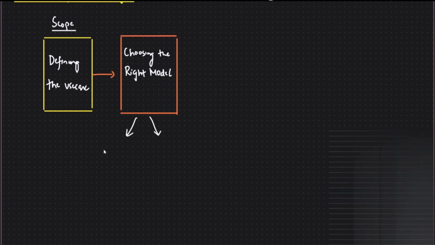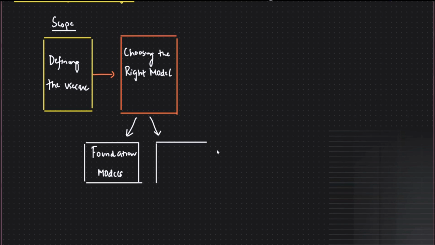One, whether you are using some kind of foundation model and solving a use case. So this is the one category that I would like to divide this particular module into. The other category is whether you want to build your own custom LLM. Now see, there are two things over here, right?